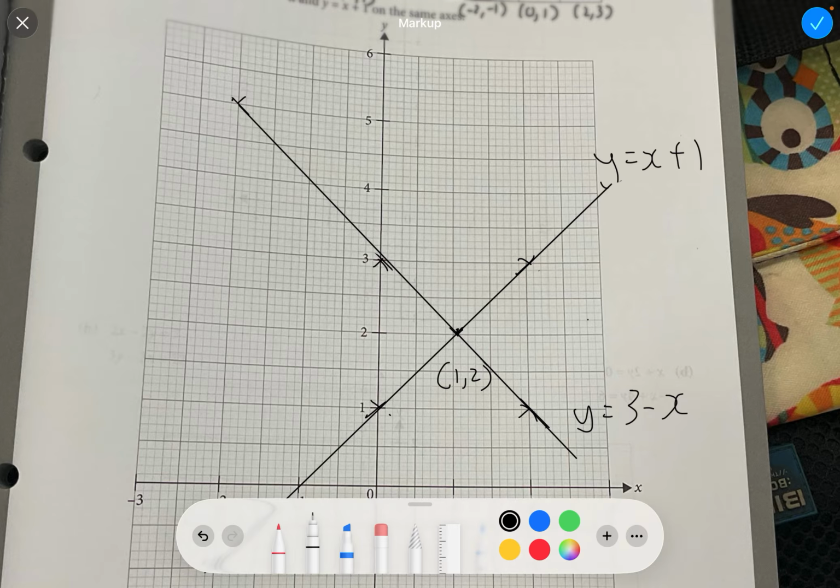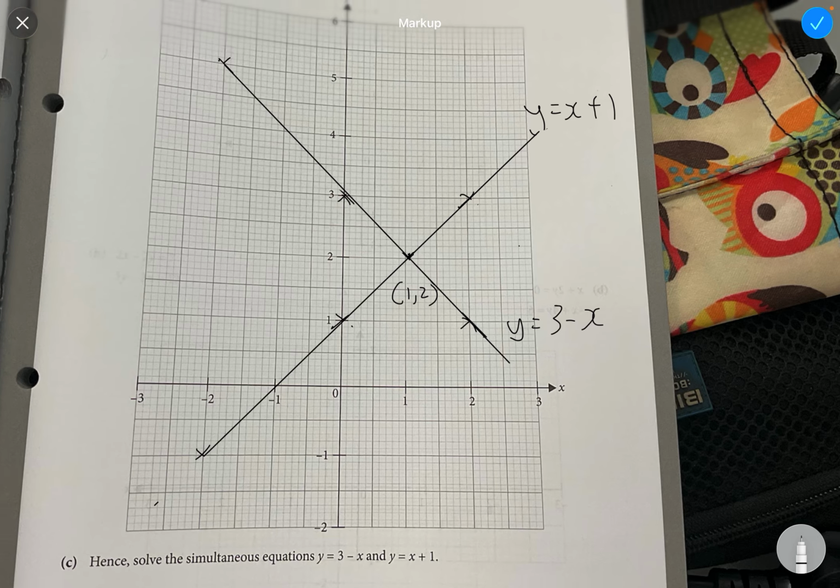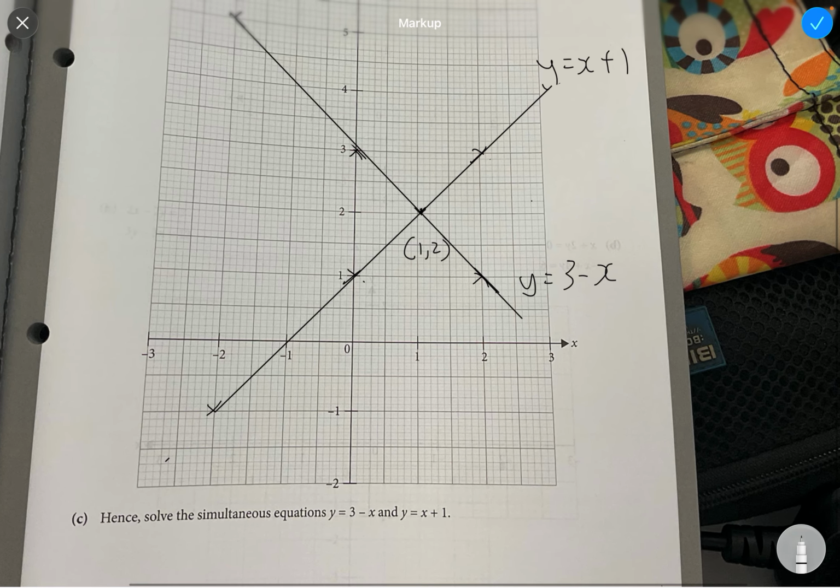This is the whole meaning of solving simultaneous equations. Using a graph, we draw the two lines, and at the intersection, this is the x that will satisfy both equations, and this is the y that will satisfy both equations.